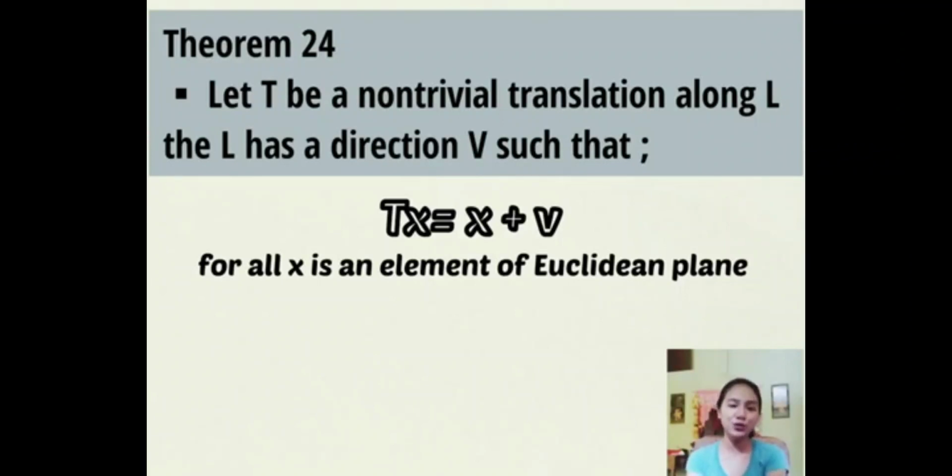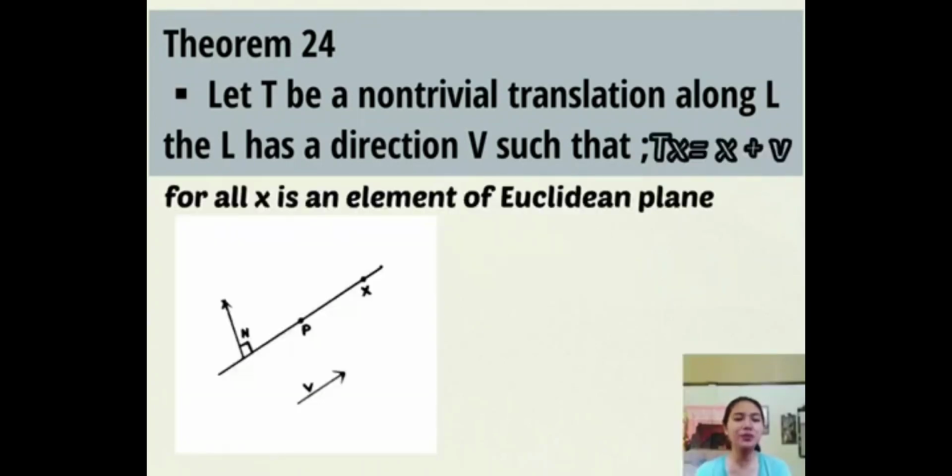Let's move on to Theorem 24. The topic will be translation, and we will discuss the definition and proof describing the product of two reflections. In Theorem 24, let T be a non-trivial translation along L. L has a direction vector b such that Tx equals x plus b, for all x in the Euclidean plane.